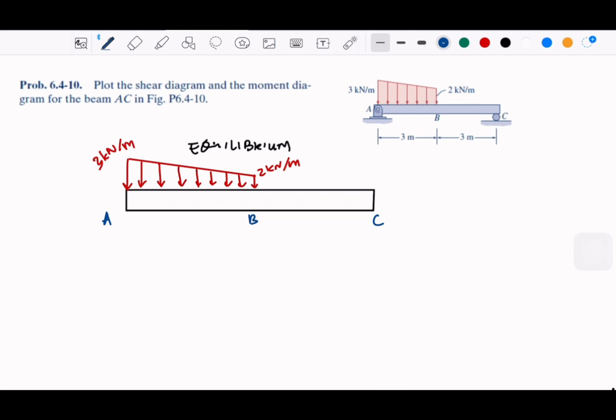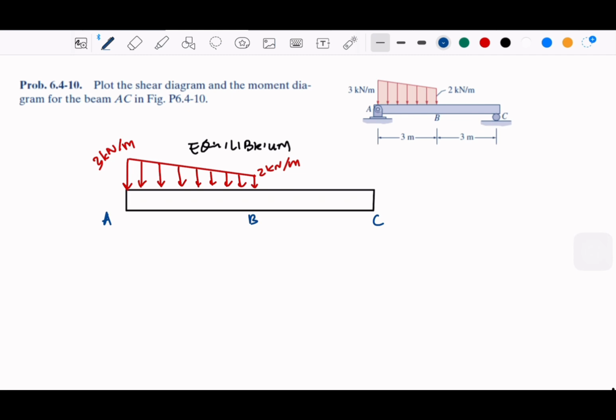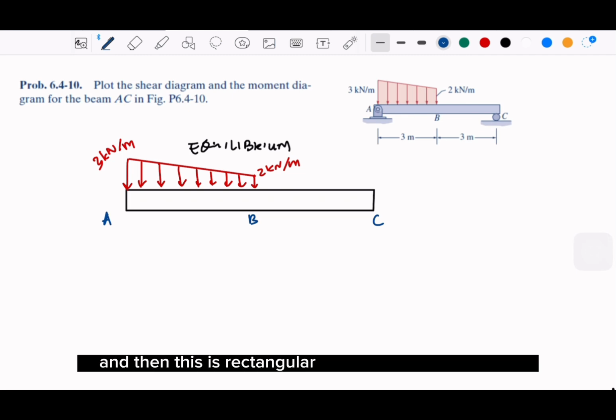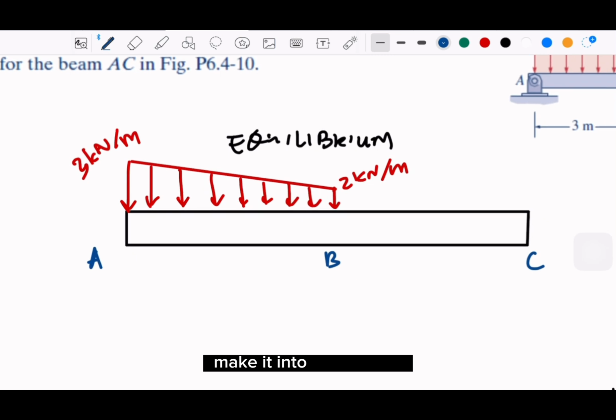So you have two resultants. The resultant for the triangle has height 1 kilonewton per meter, and this is the distance. And then the rectangle is 2, and then distance 3. So let's do it that way, the simple one, making it into two shapes: a triangle and a rectangle.